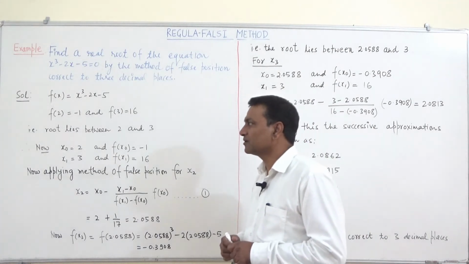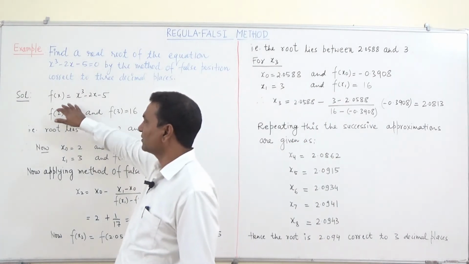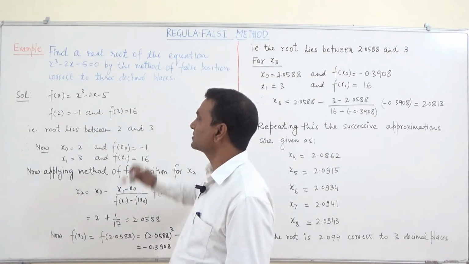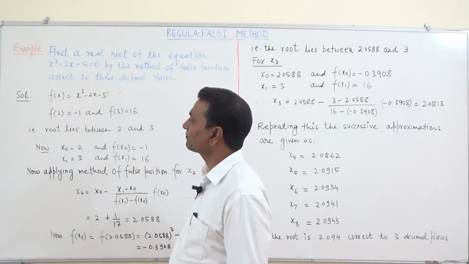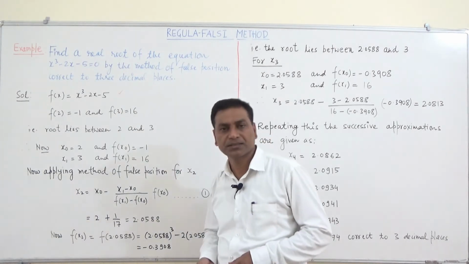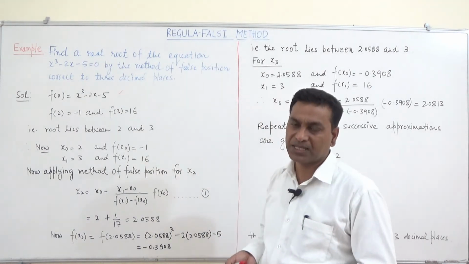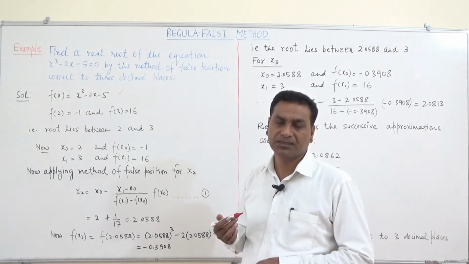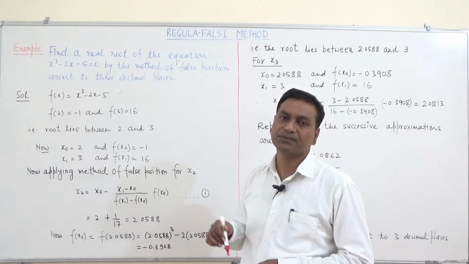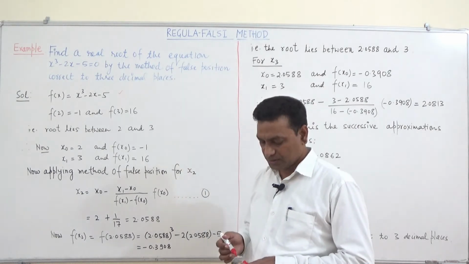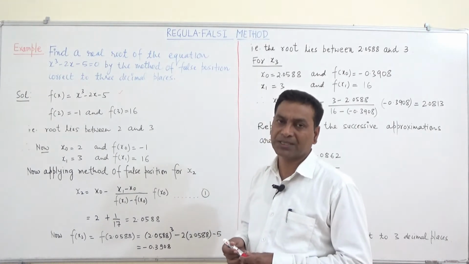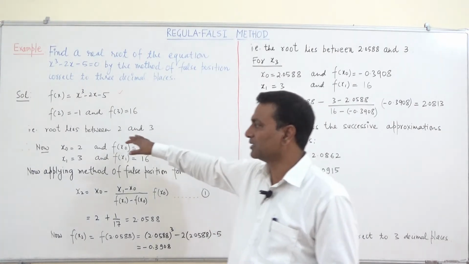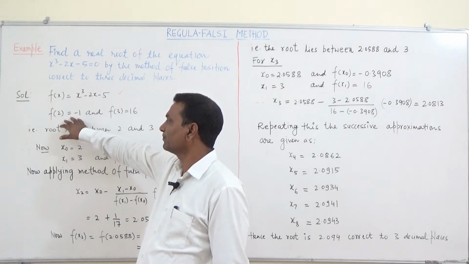So we will start from here. Let the equation be x cube minus 2x minus 5. Now we will check for some values. First we will put 1 and check its sign, and then we will put 2 and calculate f2.